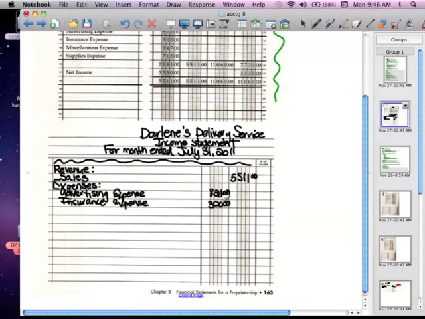Next, miscellaneous, $347 there. And then last up here, supplies expense.